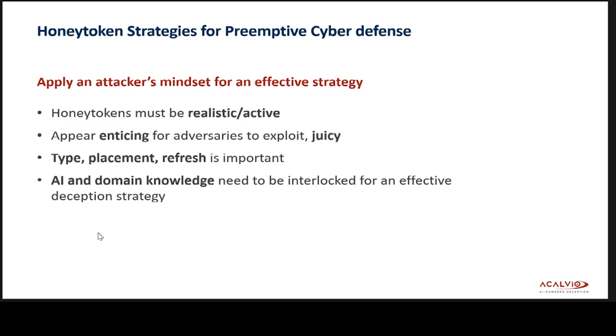If he picks up at the first door, you got early detection. If he gets to the next point, of course, we give him more, and then we walk him. It's possible that we can really take him to the place where we want him to do things. And of course, with AI and domain knowledge, it's very easy to build a strategy and then deploy all of these honey tokens, or create all of these deceptive accounts and assets in the enterprise.